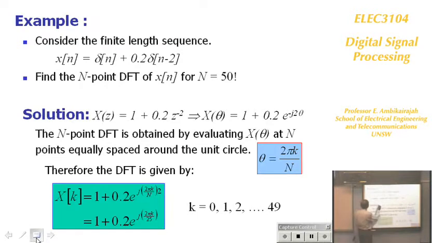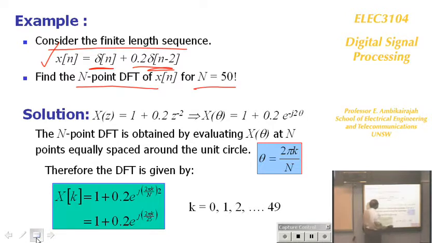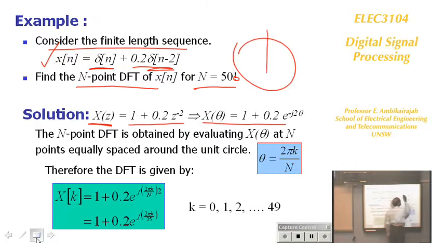Here's another example. You've been given a sequence, Xn, which can be formed using this formula. That's an arbitrary sequence, and you've been asked to find the N-point DFT, where N is 50. You can do this one using X theta, because you can take the transform of that and then substitute X theta. Now we know theta has to be divided into points, so you decide how many points: 50 points.